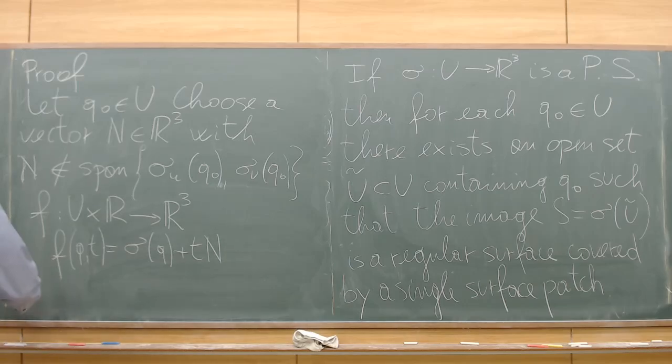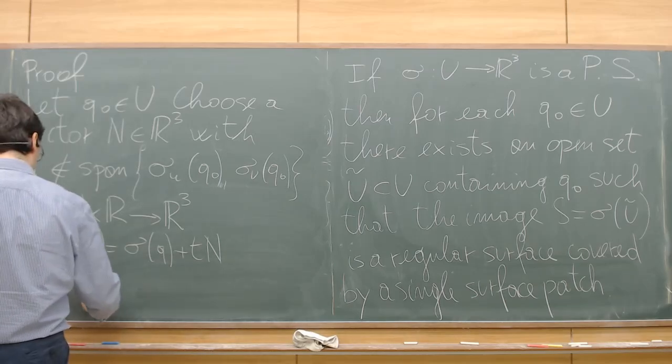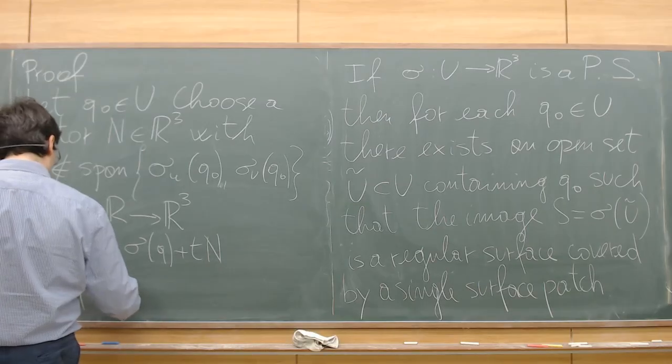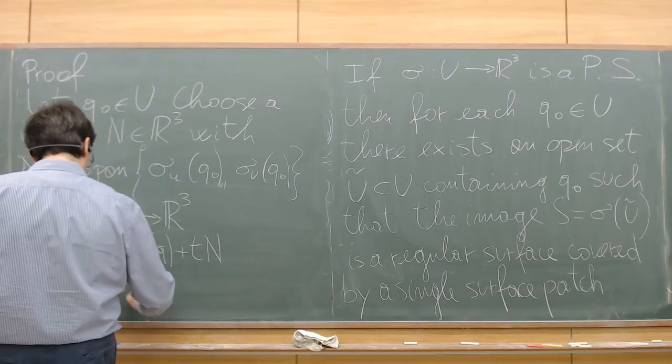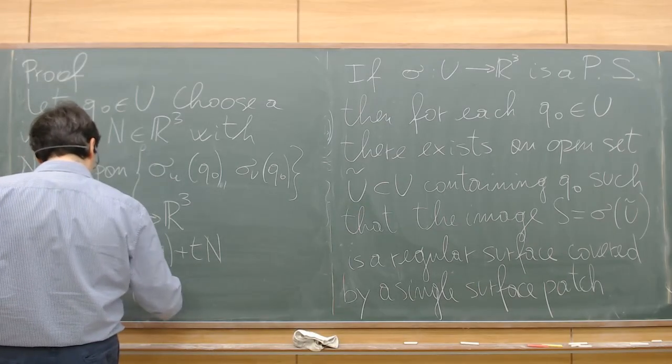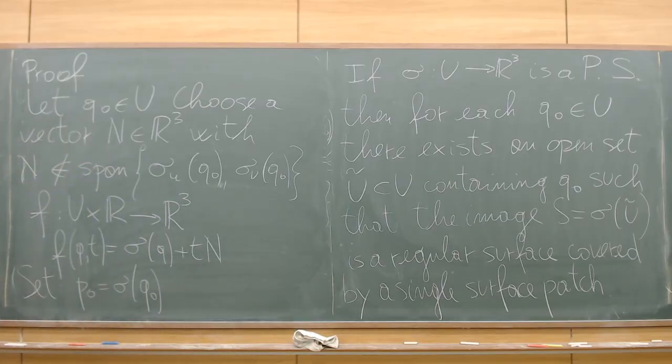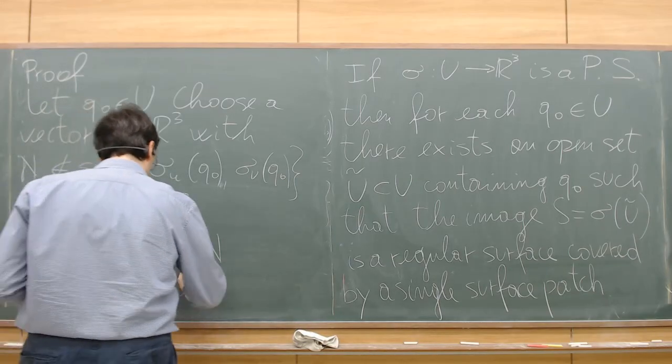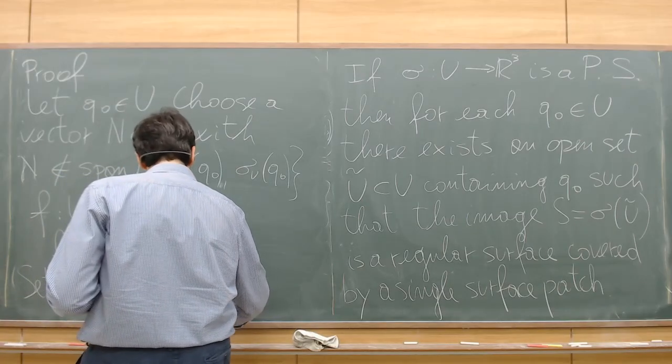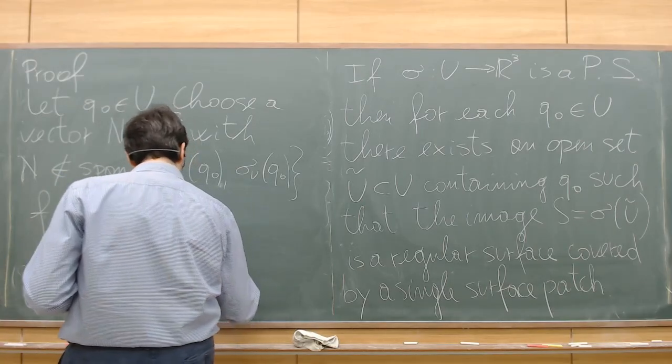We set P0 to be the image of Q0 by sigma, and by definition of F, this is also F of Q0, 0.